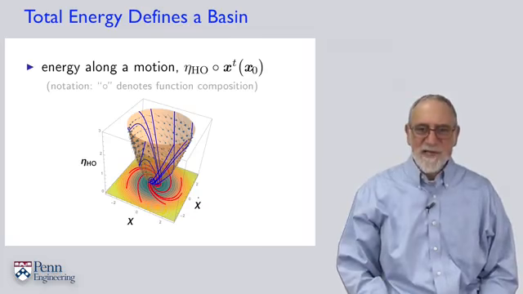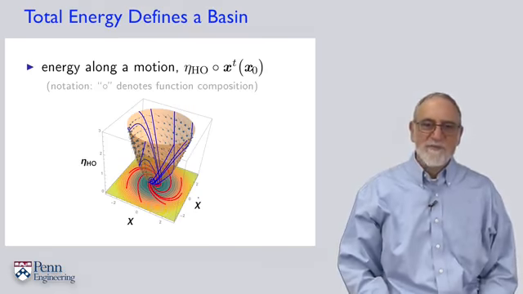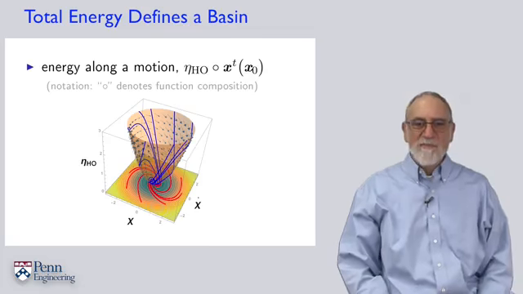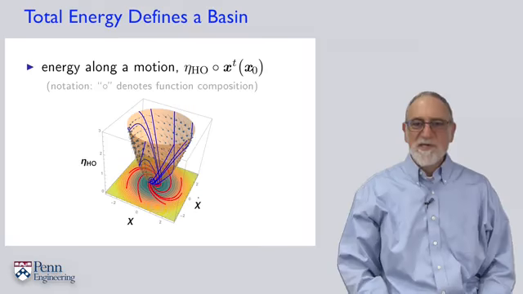That's the idea that's being presented in this complicated figure over here that goes along with the motions at energy over time. What am I plotting? I'm plotting the composition of the total energy, eta sub HO of the harmonic oscillator, in composition with the position at any instant of time through some initial condition x0, where all the different initial conditions are seen as the initial point of these red curves on the plane.